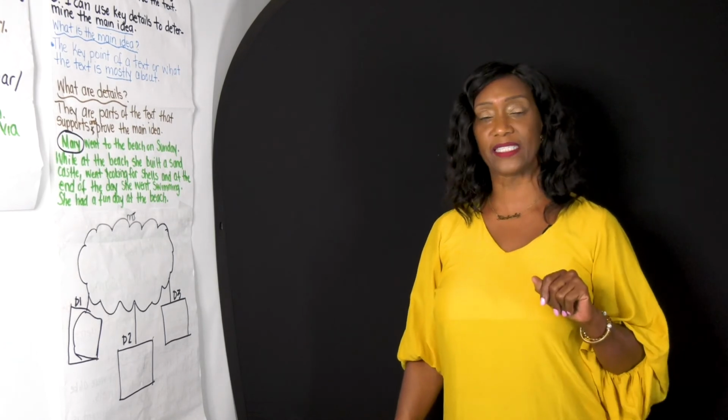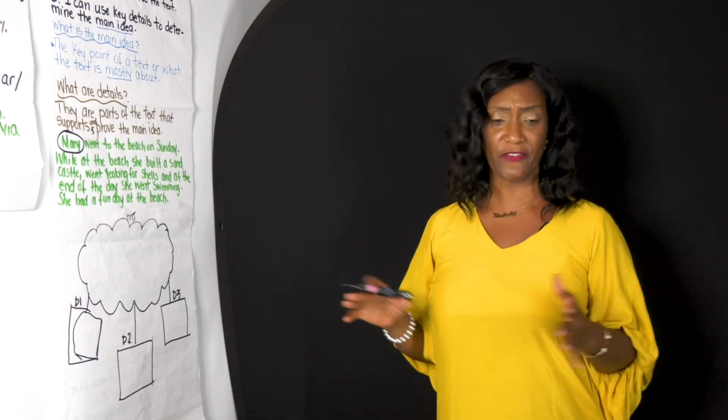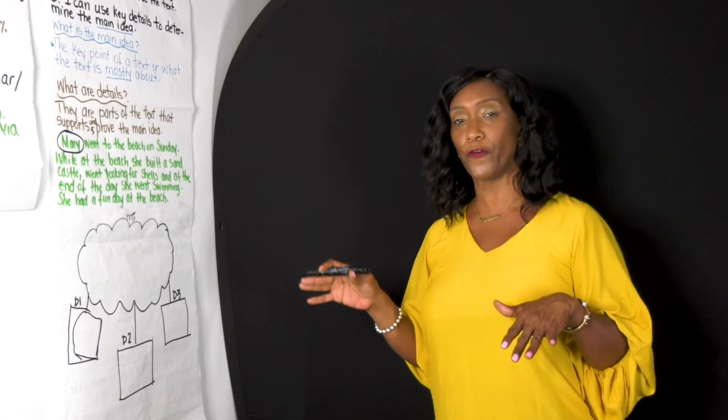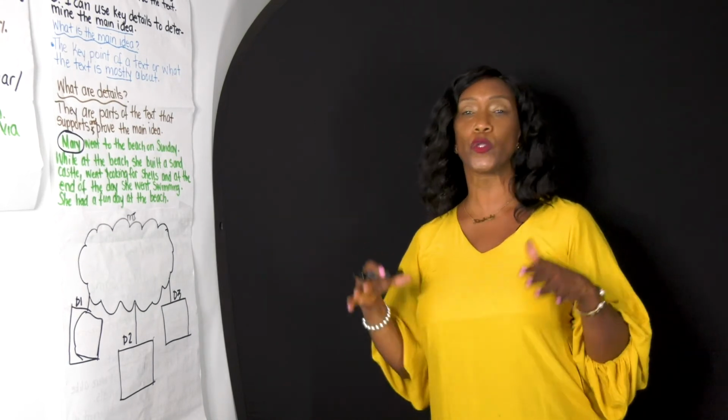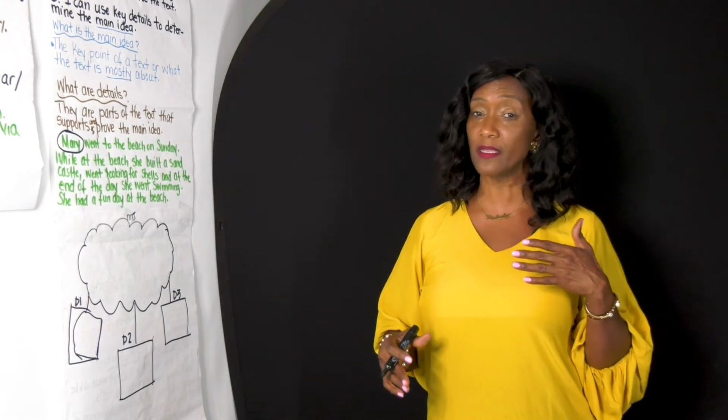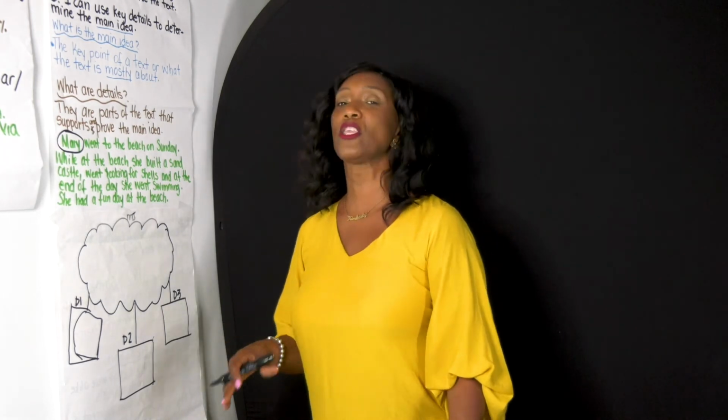And I like to always say, boys and girls, if it doesn't have a title, you looked in the first sentence or the last sentence and you're still not able to determine the main idea, then you want to say to yourself, who or what is this story mostly about? So remember that.